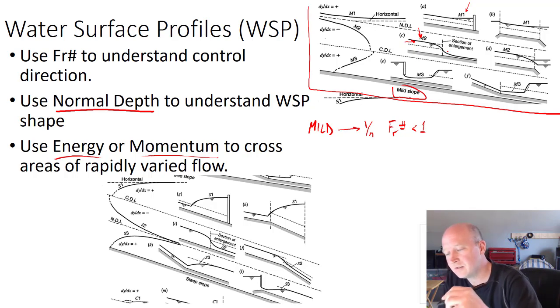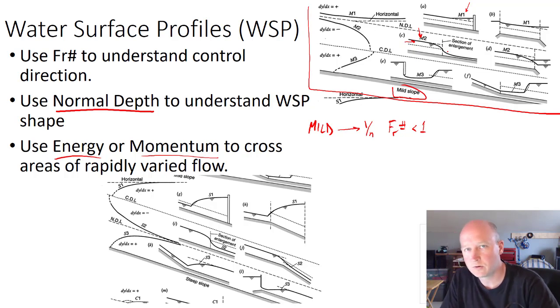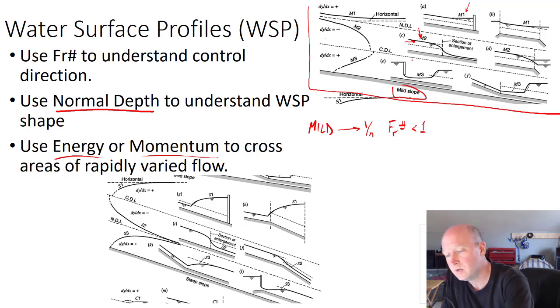And then lastly, what if the water is moving supercritical already? For example, if we put a sluice gate in, and water has to rush under that thing, it's going to take off. It's going to go really fast. In fact, it's going to be faster than the speed of a wave. This is an M3 curve, and what's happening is it's burning off a ton of energy as it's moving so fast.